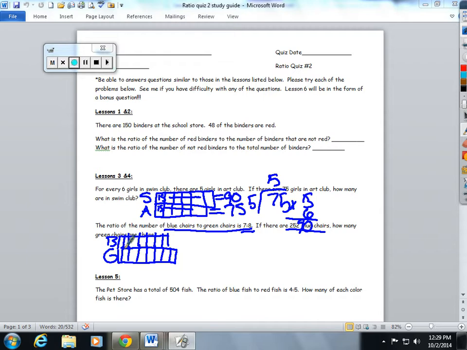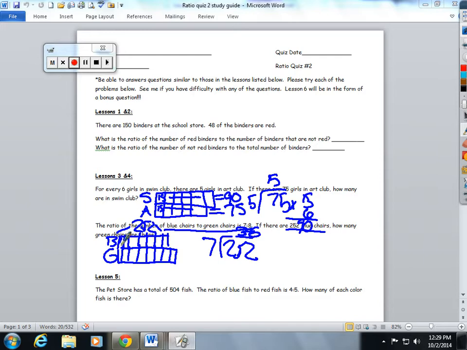And it says that there are 252 blue chairs. We know that already. So you do 252 divided by 7, because there are 7 boxes, which is 36.